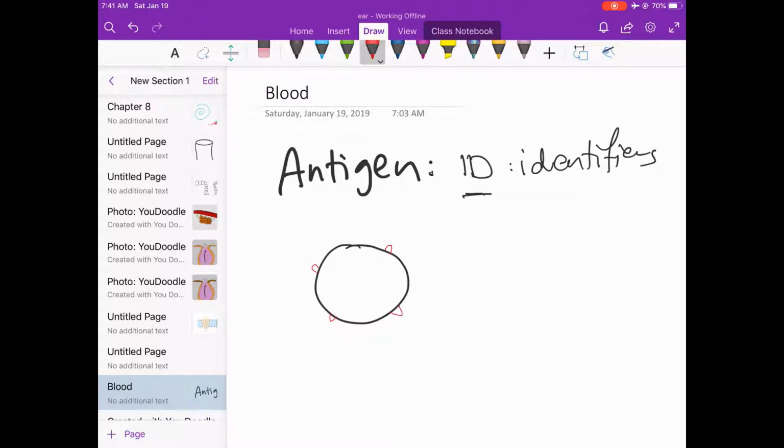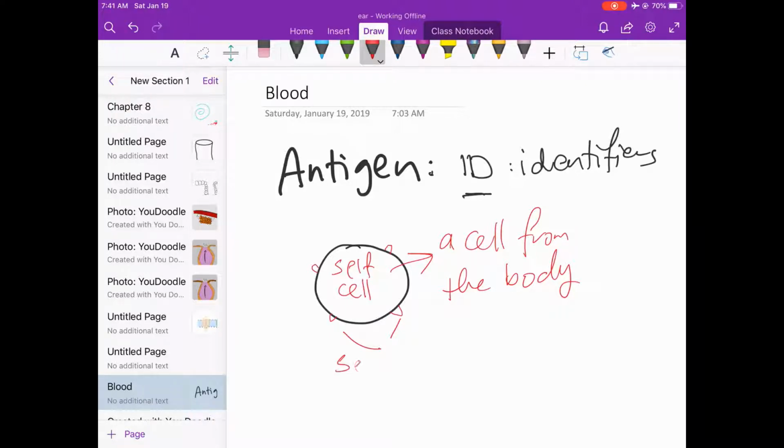Okay? Now, if this is a cell from the body, then these are self antigens.